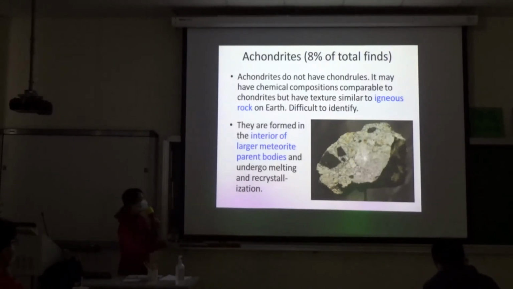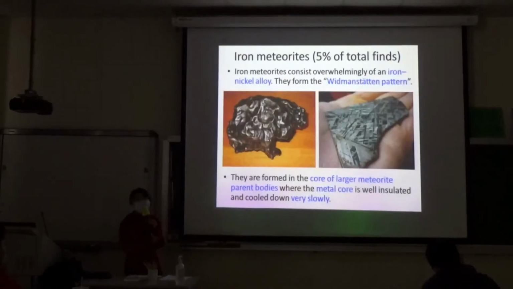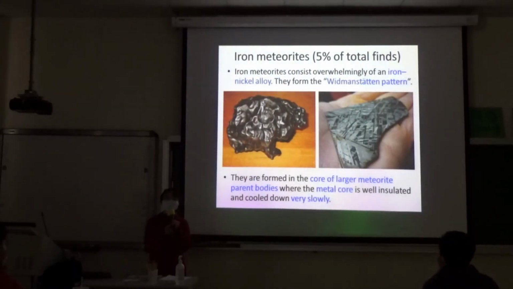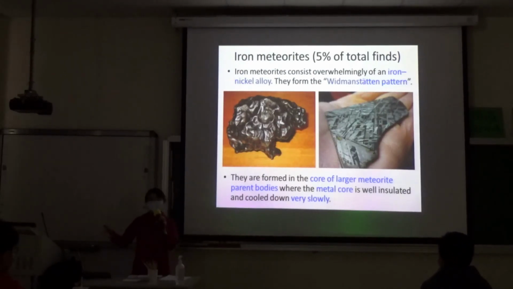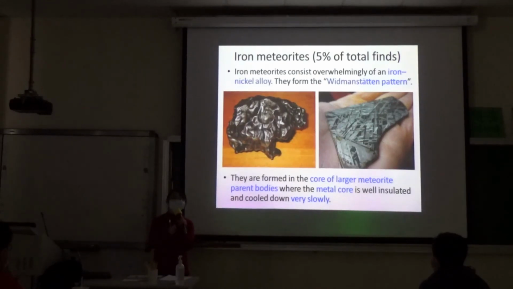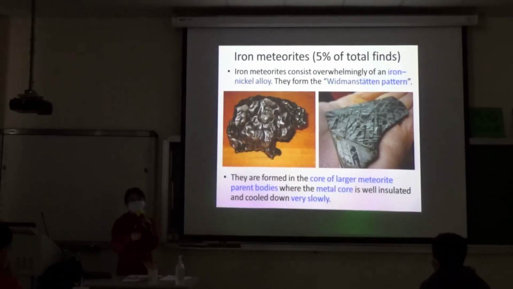But achondrites and iron meteorites are actually from a bigger planet-like body, okay, we call it planet or asteroids, or parent bodies, 就是母体啦. And because they are bigger, they have more heat. So they form plate tectonics. And when they have plate tectonics, they start to segregate. We will talk about this in a few weeks.